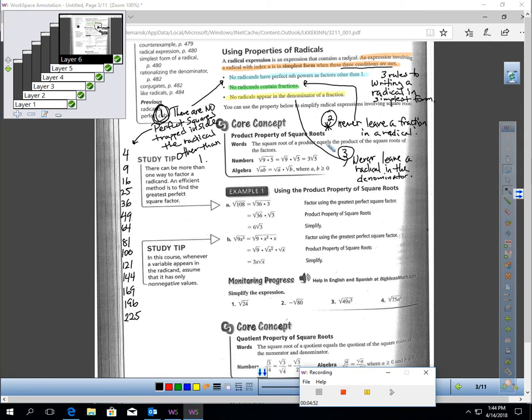The second rule: we never leave radicals or fractions inside of radicals. And maybe you just want to write it down this way in your notes: never leave a fraction in a radical. So here's rule number 1: never leave a perfect square trapped in a radical. Here's rule number 2: never leave a fraction in a radical. And now rule number 3, which is never leave a radical in the denominator.